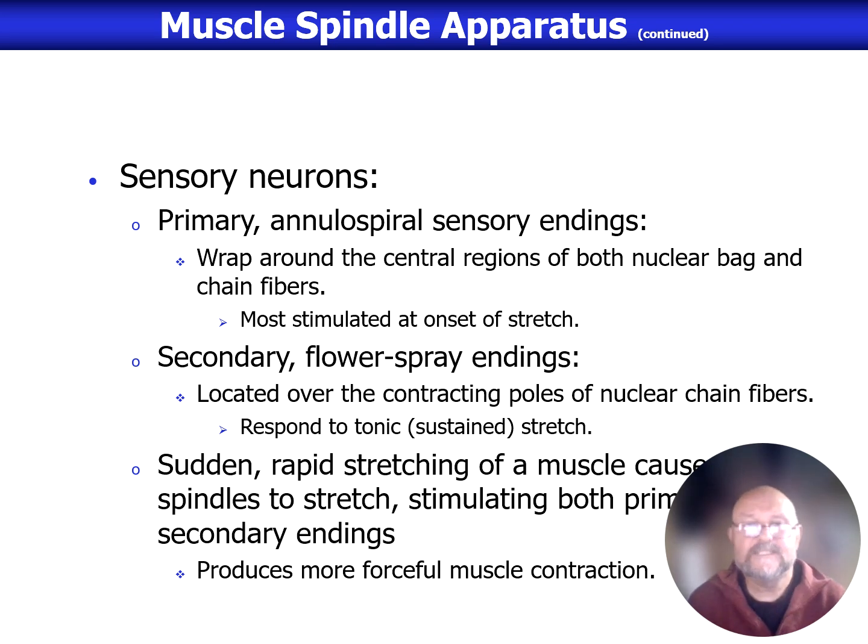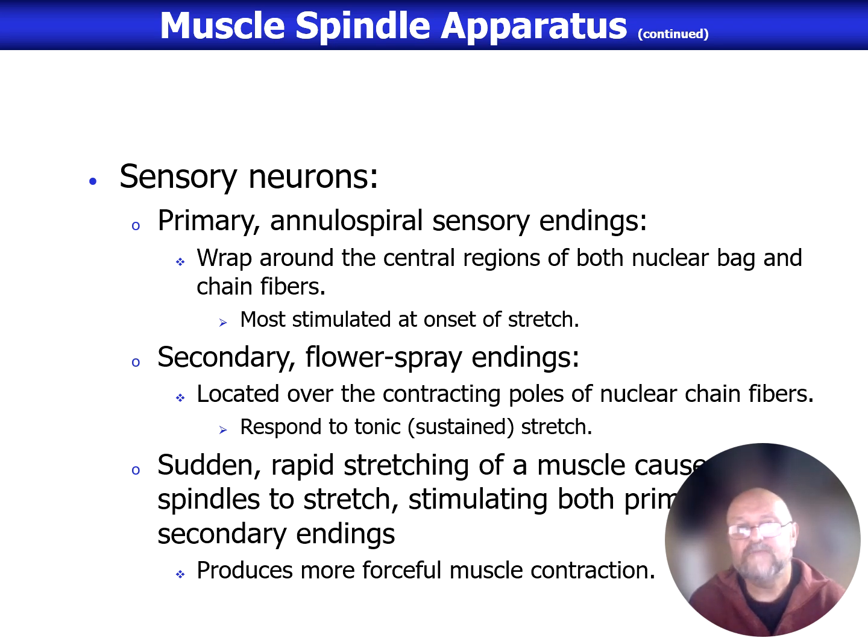So, sensory neurons. In order for the brain to know anything that's going on in the muscle, it needs to have sensory neurons picking that information up and carrying it back to the brain so the brain can make decisions sent back down the upper and then lower motor neurons, which cause contraction.